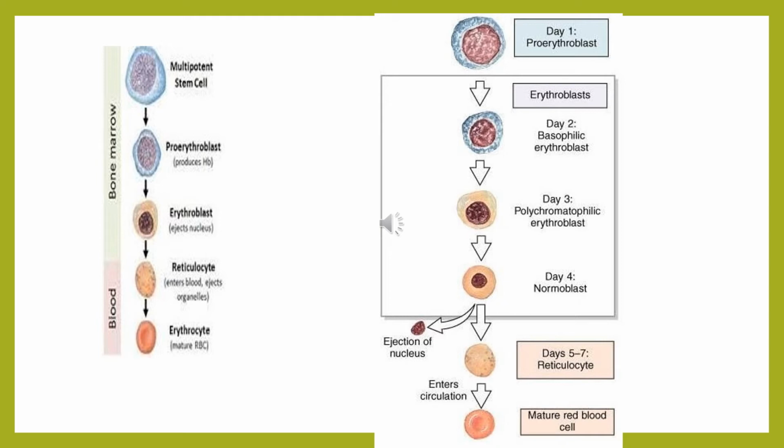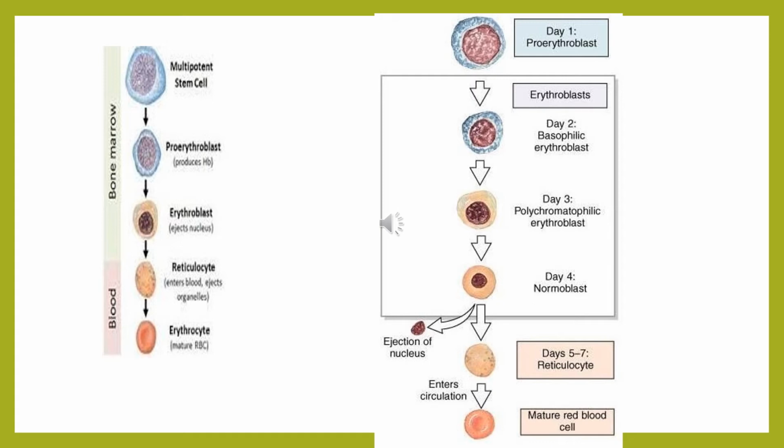Now in the bone marrow cavity, the multipotent stem cells, or we can say the hemocytoblasts, get divided and differentiated into proerythroblasts. You can see the nucleus in that. Then the proerythroblast undergoes division and differentiation into the erythroblast. That erythroblast ejects the nucleus. Ejects means it removes the nucleus.